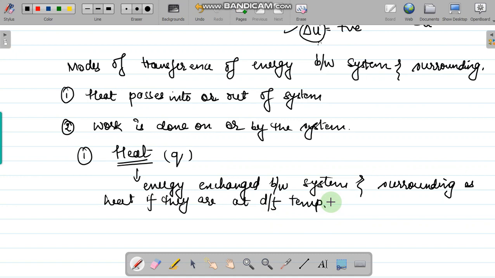Then we say that the exchange is going to take place or which has been taken place, it is with respect to the heat. Now for example, just listen to it carefully.